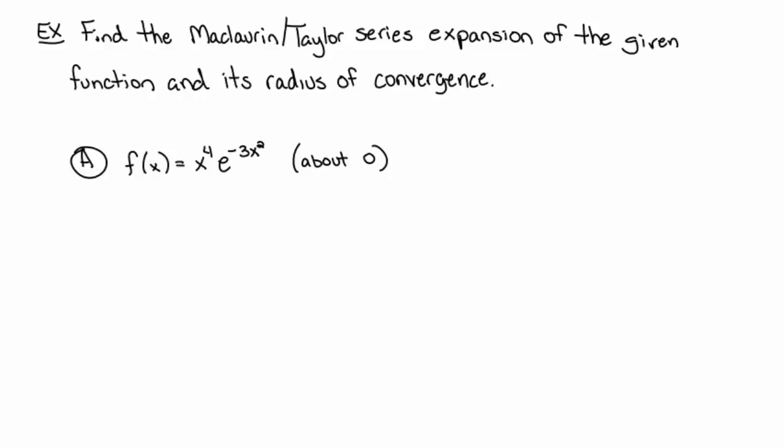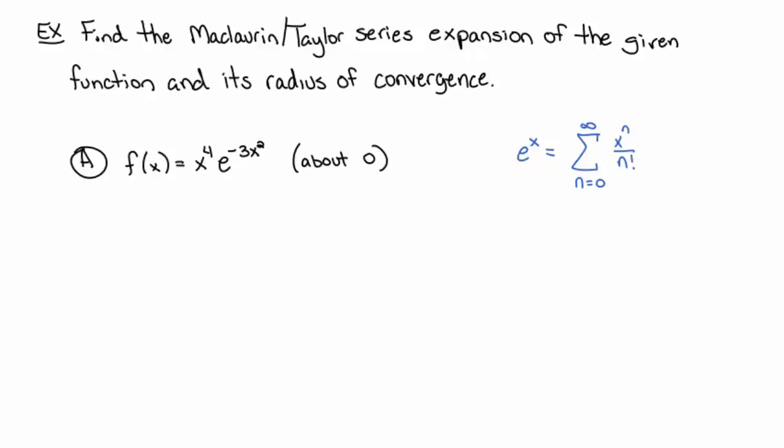Well, we happen to know, and I'll write our theorems off to the side as we move, we've proven this, and you can look back in the videos for this. We've proven that e to the x is equal to its Maclaurin series expansion, the sum from n equals 0 to infinity of x to the n over n factorial.